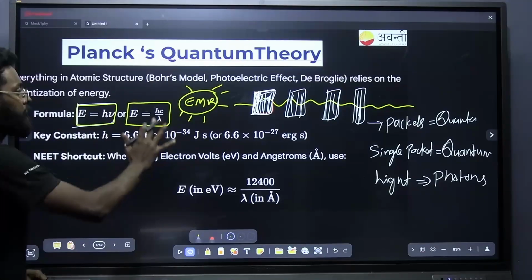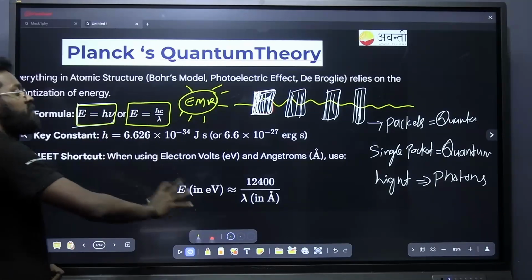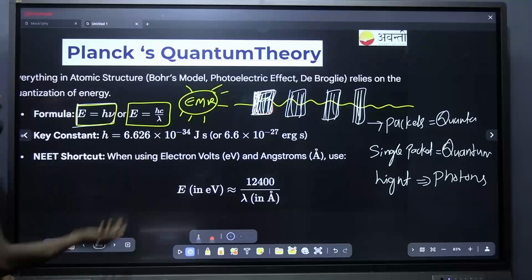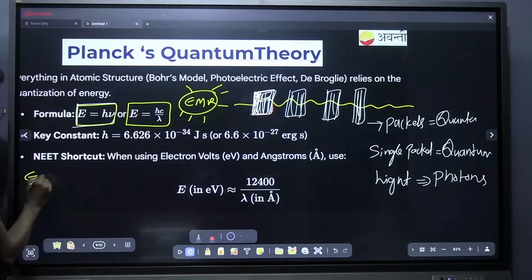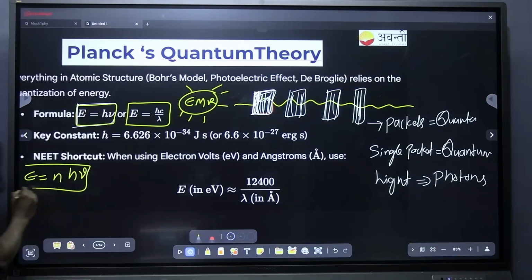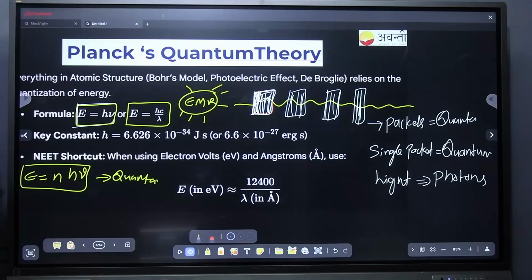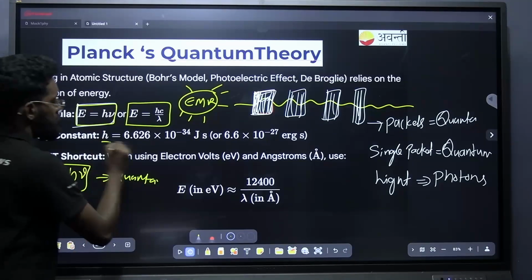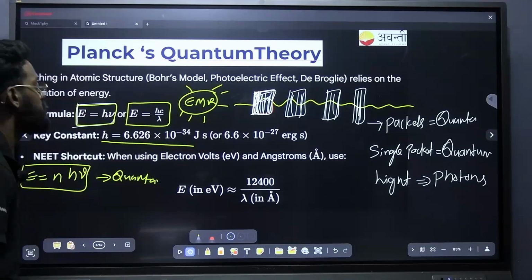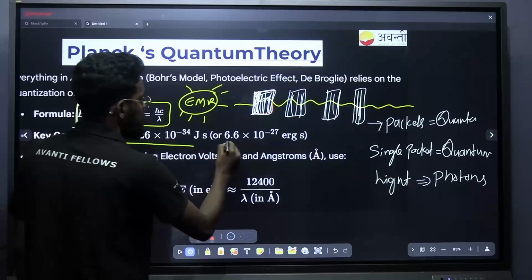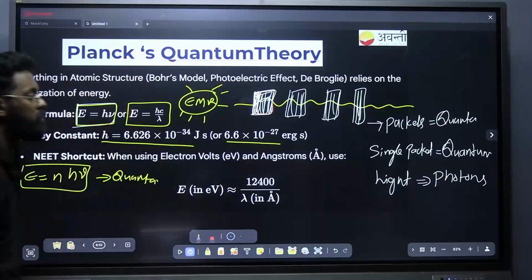A single packet will have energy h nu. If I have packets of energy, E will be an integral multiple of h nu for quanta. And here what is the value of h? h is equal to 6.626 into 10 to the power minus 34 joule second, or in terms of erg it is 6.6 into 10 to the power minus 27 erg second.